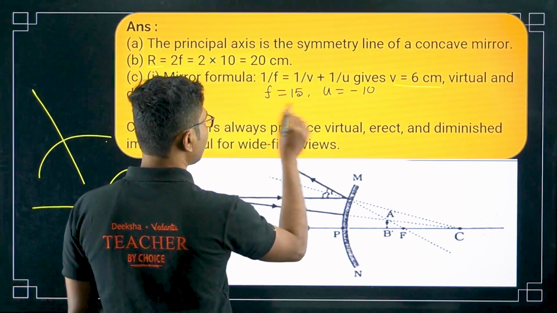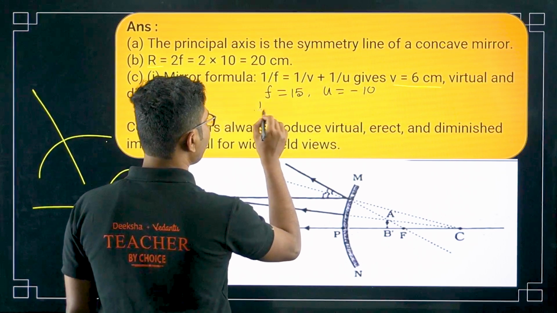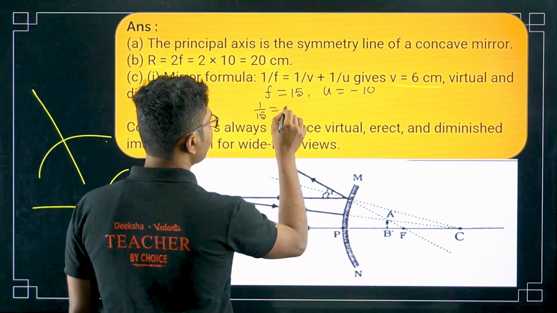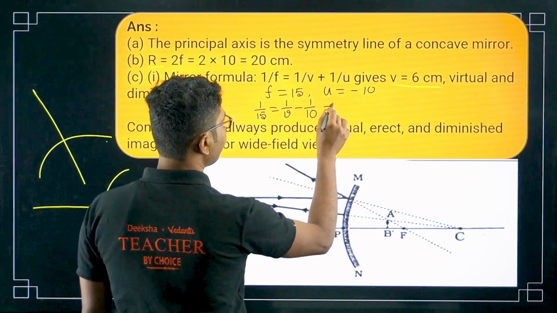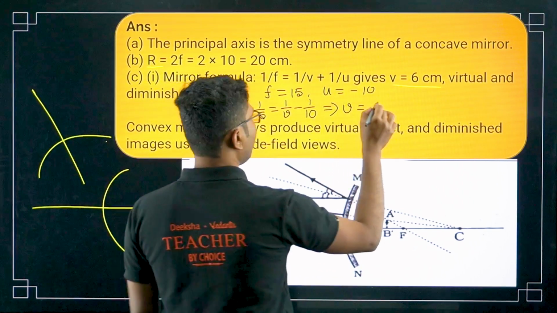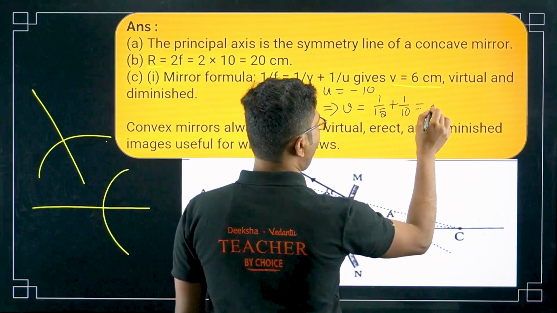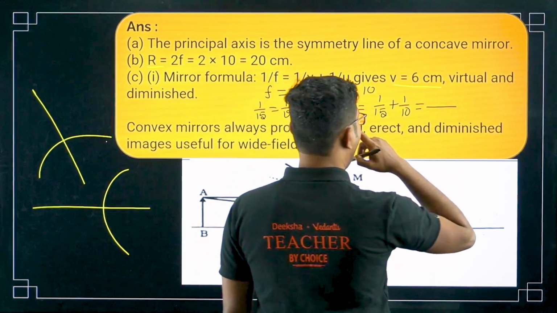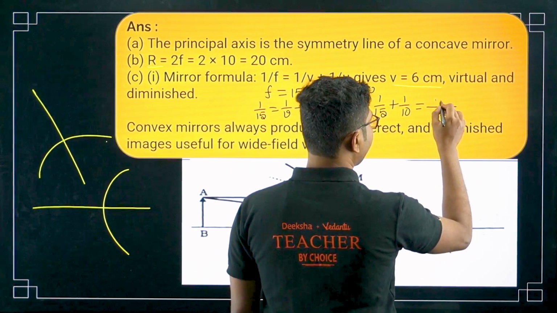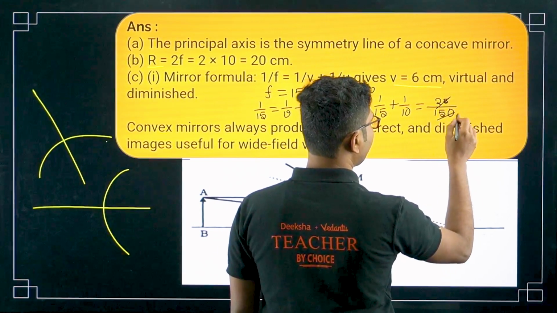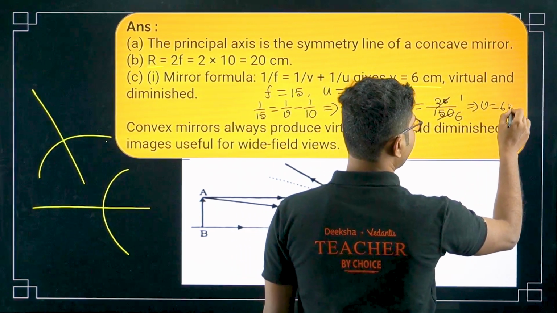So let's calculate. 1 by 15 equals 1 by v minus 1 by 10. So 1 by v will be 1 by 15 plus 1 by 10, that is 25 divided by 150, so it will be 1 by 6. So v will be 6 centimeter.